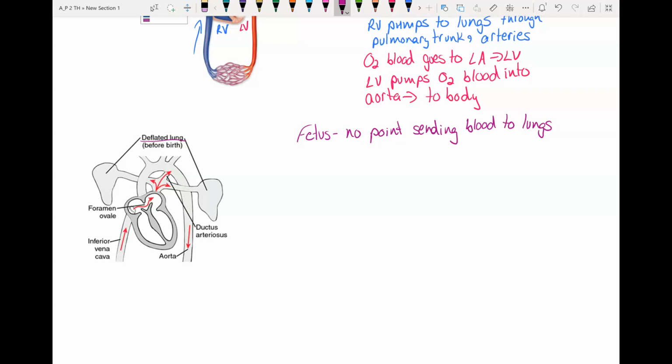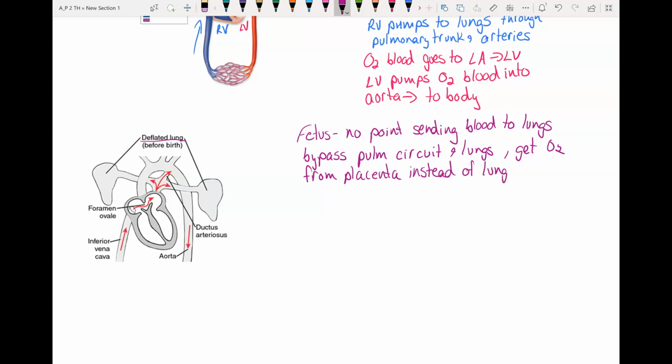So you have to bypass sending blood through the pulmonary circuit to the lungs. So there are two structures that bypass the pulmonary circuit.